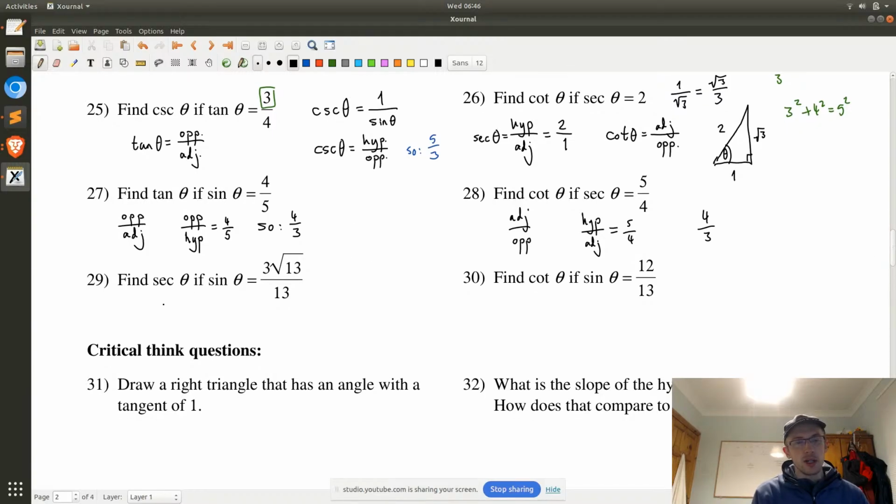Okay, so secant of theta. Well, that's 1 over cosine of theta. Cosine of theta is adjacent over hypotenuse. So hypotenuse over adjacent, that's what we want. And we have sine of theta, which is opposite over hypotenuse.